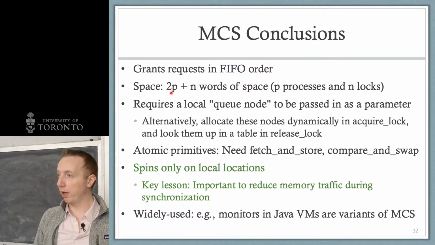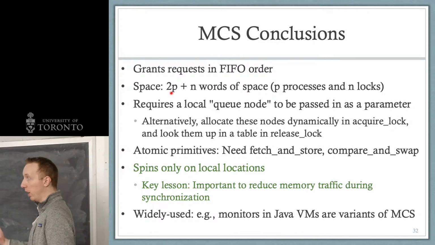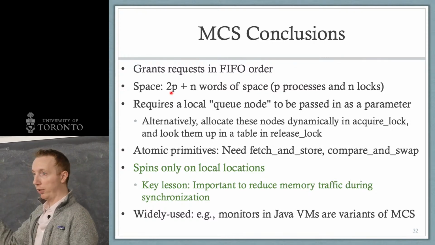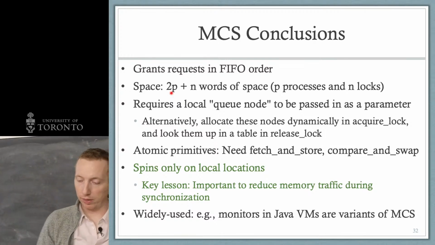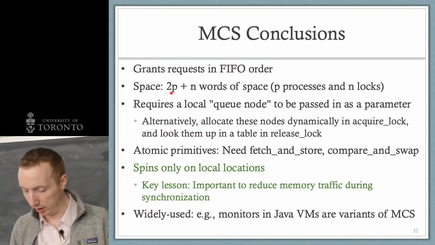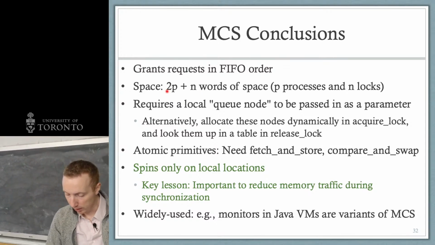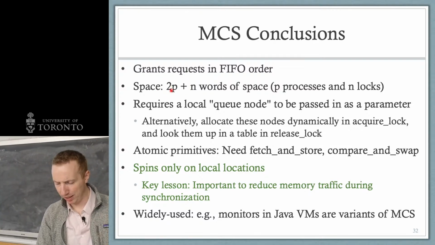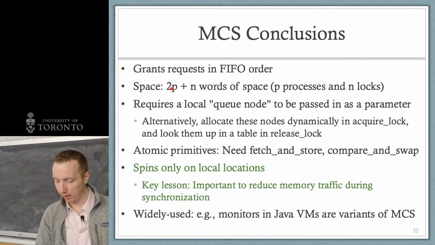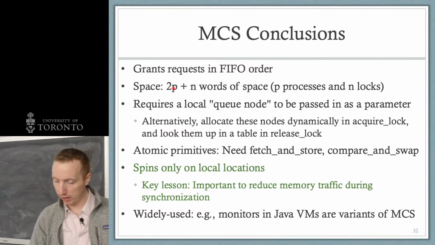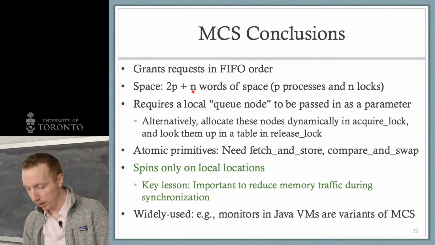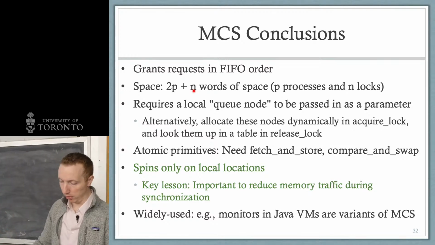And then each process has its own copy. So it needs a pointer, its own next, and then the lock itself, which would also be a word. So each thread, instead of p, we could call them threads, needs two words, the pointer and the lock value, and then each lock just has one global next.